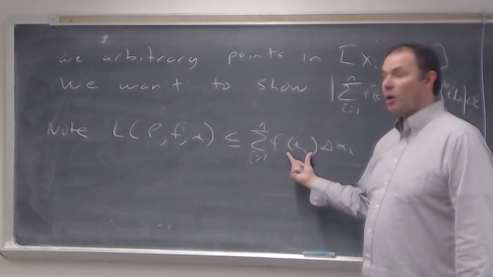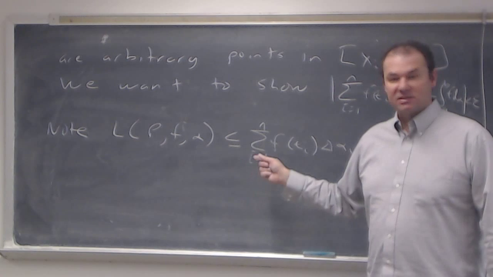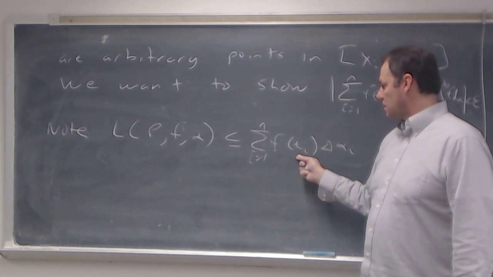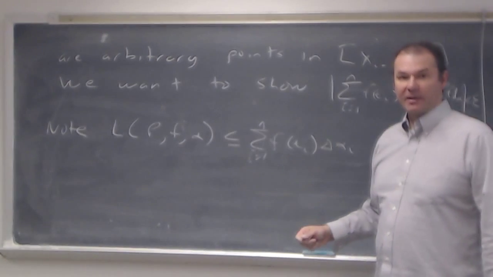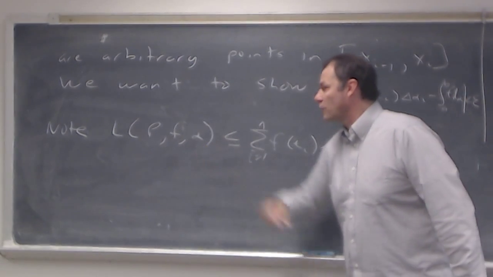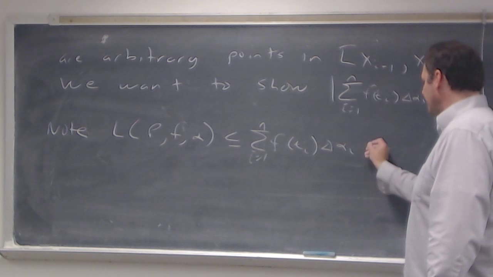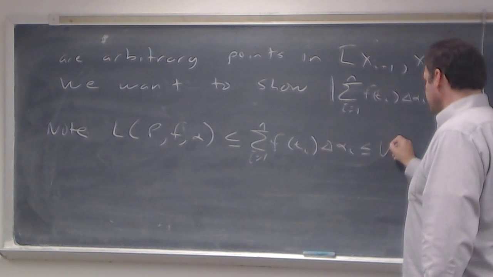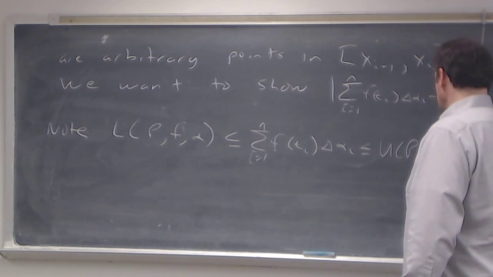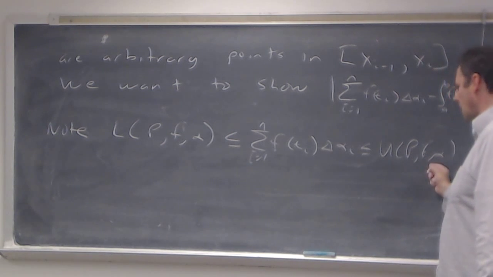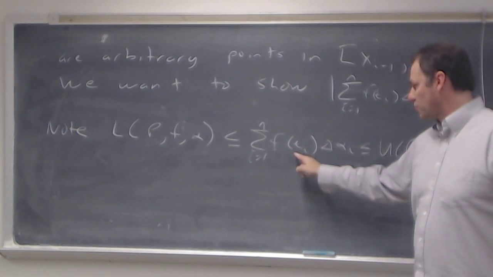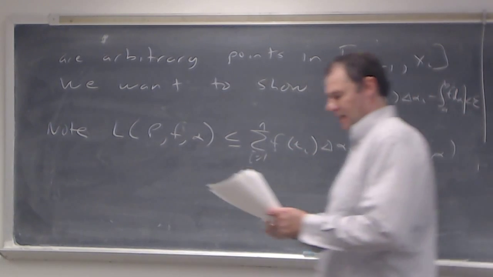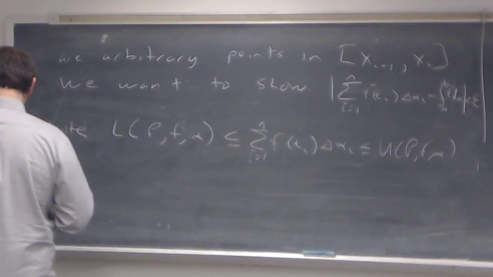And this is just an arbitrary output value. So this output value is definitely going to be greater than or equal to the minimum output value, which is m sub i, which is involved in this sum. But this is going to be less than or equal to the upper sum, because the upper sum involves the maximum output values, which are going to be greater than or equal to f of t sub i.